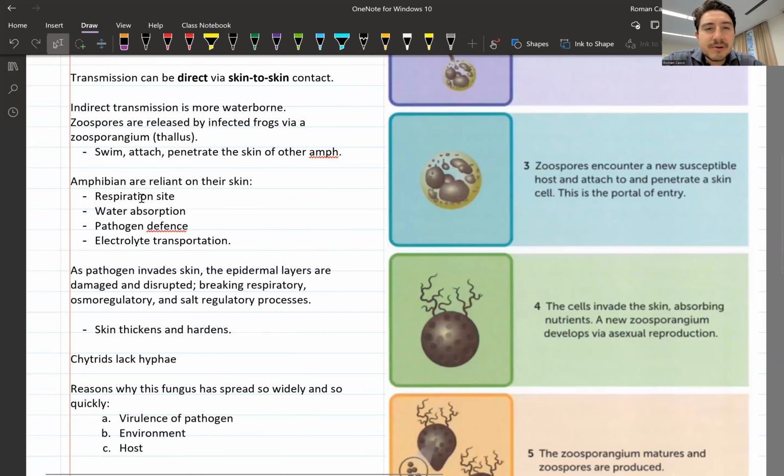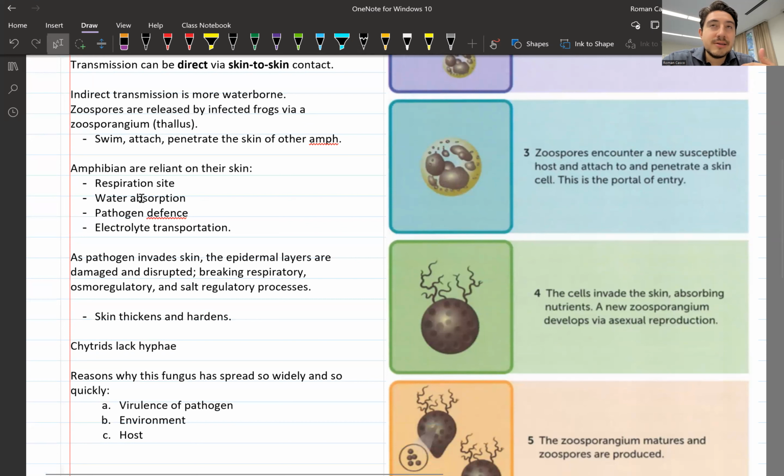And if you remember from the respiratory system in Unit 2 that we studied, amphibians rely heavily on their skin to breathe, right? It's their primary respiration site. And not just respiration, but they also absorb water through their skin, right? So their skin is incredibly important for their survival, even for immune defense, right?